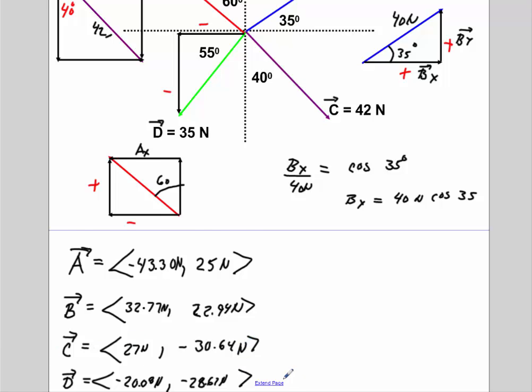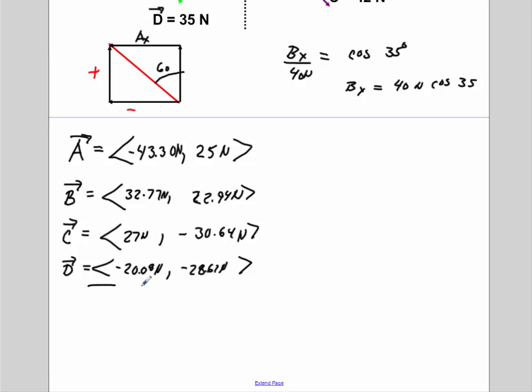Alright, at this point, all you have to do is add everything up. Your new vector, we'll call it the E vector, the resulting vector, is going to be the sum of these. So we'll just start adding up. Minus 43.3 plus 32.7 plus 27 minus 20.08.